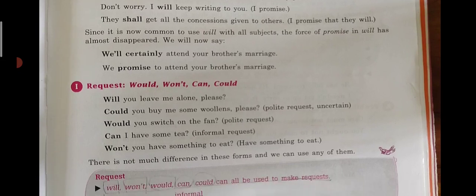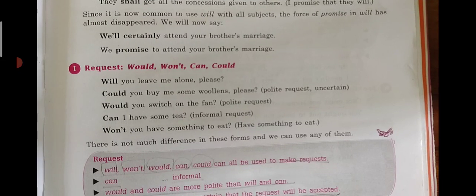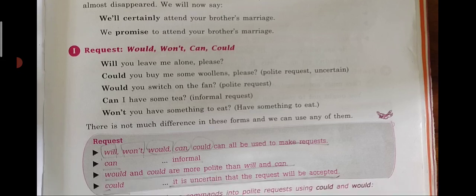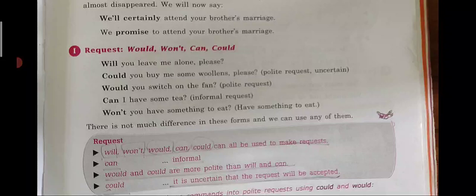Now let us see the modals which are used to indicate request. Will you leave me alone, please? Here a person is requesting, and which words do we use for indicating request? We use will, won't, would, can and could. Will, won't, would, can can all be used to make a request.